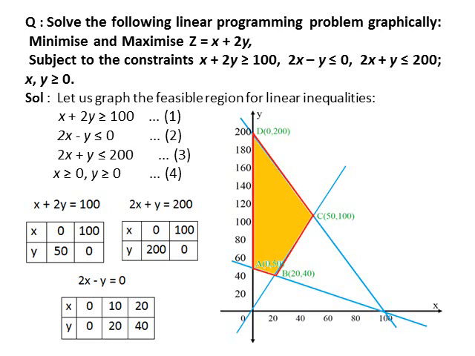Students, you can identify these corner points directly from graph, or otherwise solve the linear equations and get the coordinates of these corner points. Here, corner points of the bounded region are A with coordinates 0 and 50, B with coordinates 20 and 40, C with coordinates 50 and 100, and D with coordinates 0 and 200.